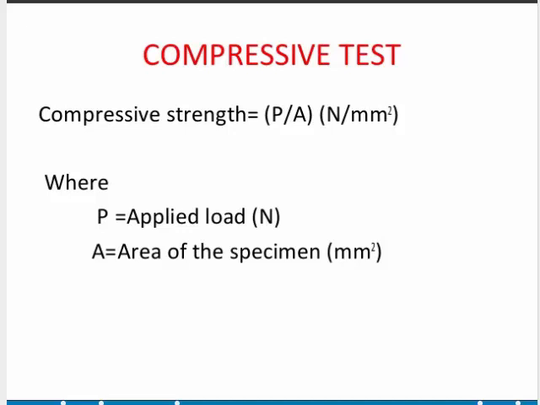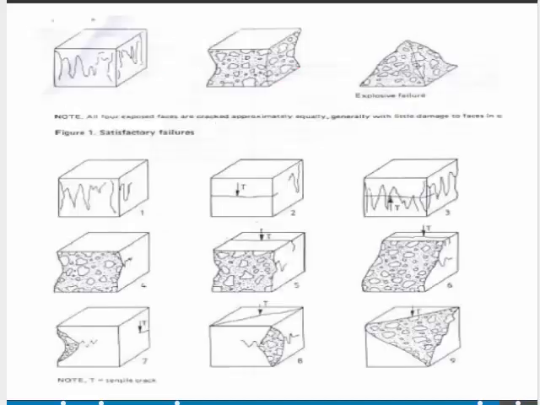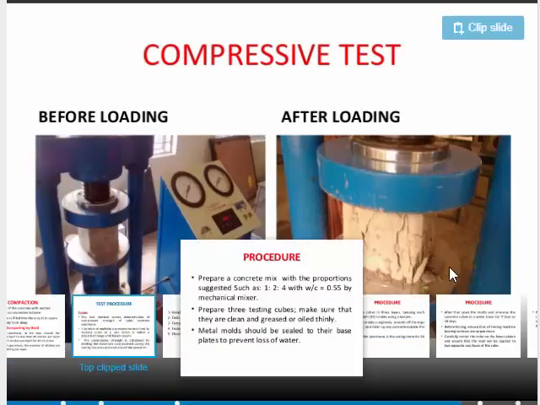That load is taken as the load over here, and area is the area of the cube. That means 15 centimeter into 15 centimeter, so it will be 150 into 150, so that will be the area. And the load is the maximum load applied from the testing machine. So this will give us the compression testing value.